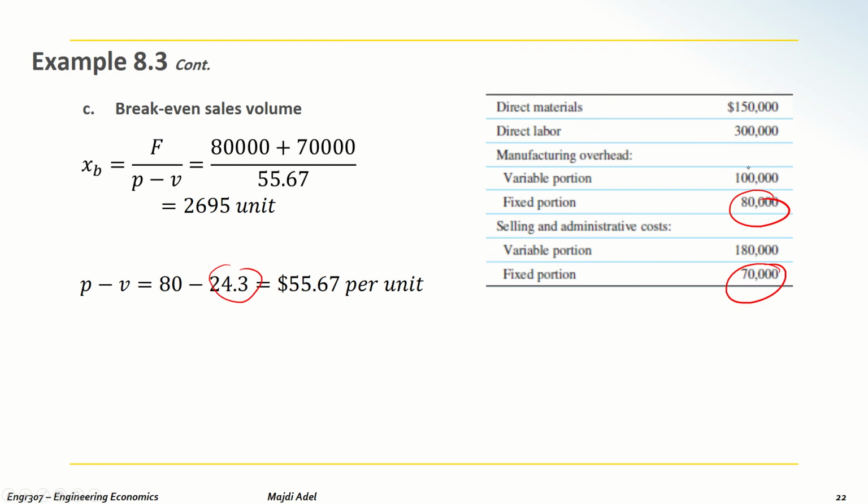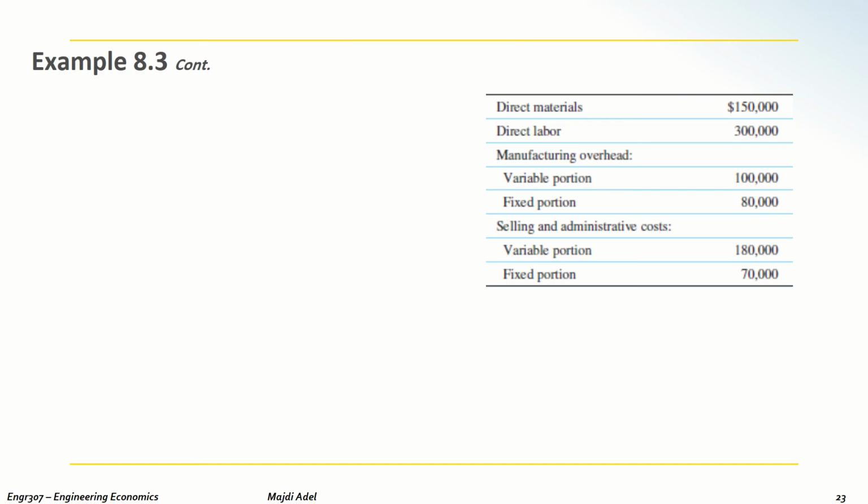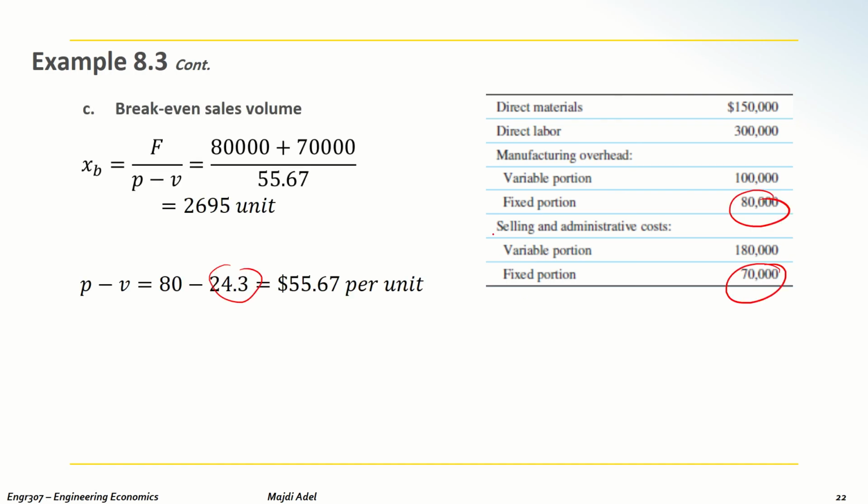This part is the variable cost per unit, which is this part and this plus this, divided by 30. So the break-even sales volume is 2,695.